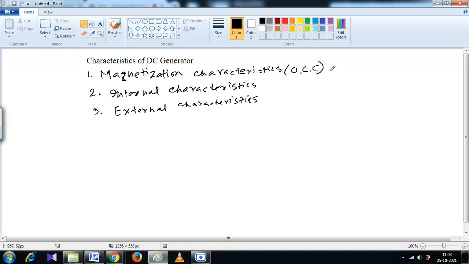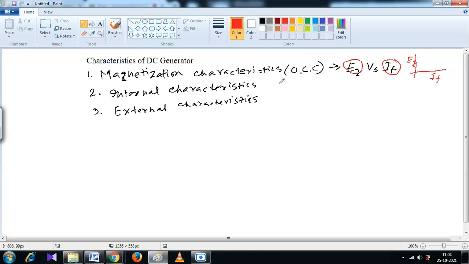What we plot in that is the generated voltage against the field current or excitation current. We vary the field current, and how much voltage is generated, we plot on a graph. This is called the magnetizing characteristics or open circuit characteristics.